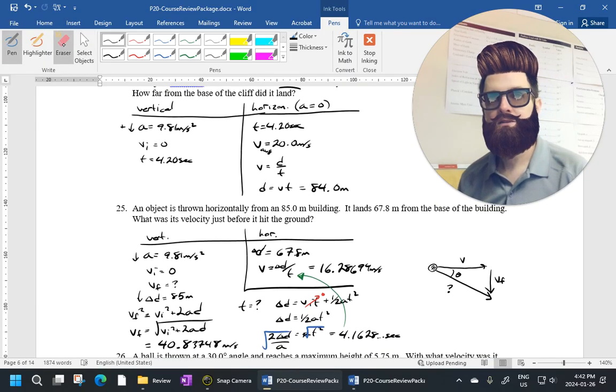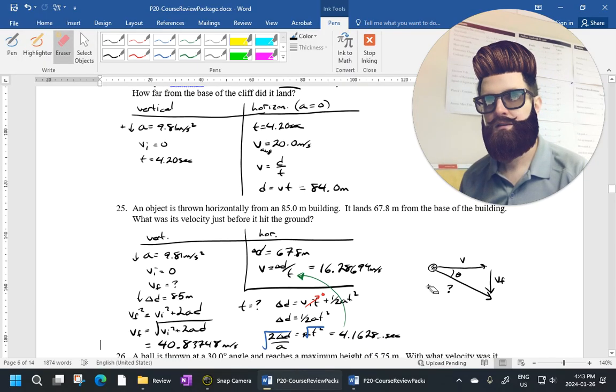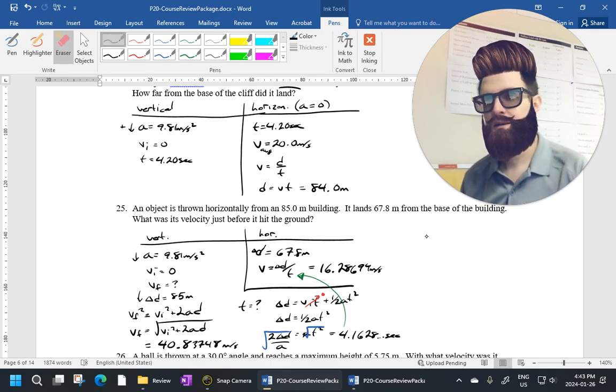Right? So my triangle, I'm going to redraw a little bit higher, has these two pieces.